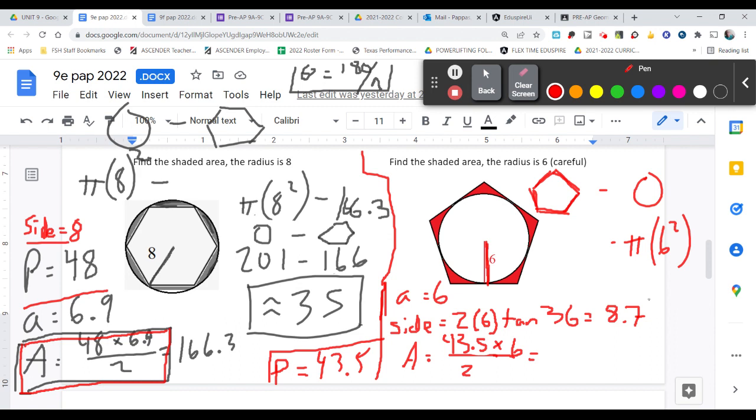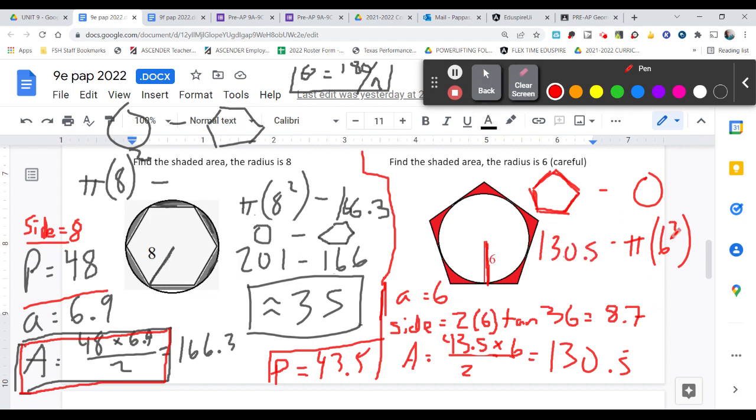And 43.5 times 6 divided by 2, I don't remember what that was. Like 130-ish? 130.5? Okay. So the area of the pentagon is 130.5. Why do I keep saying hexagon?